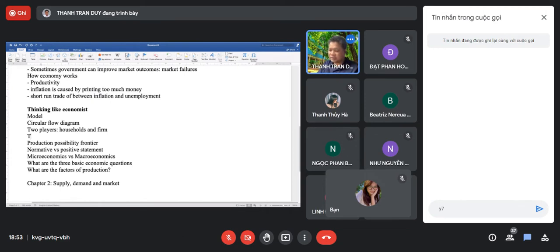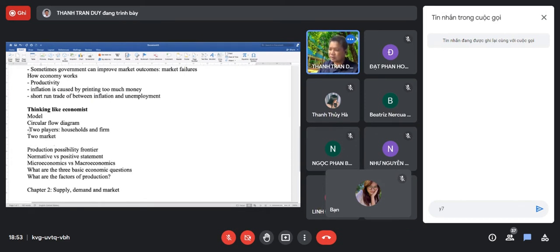They interact in two markets. What are the names of the markets? The market for goods and services and the market for factors.